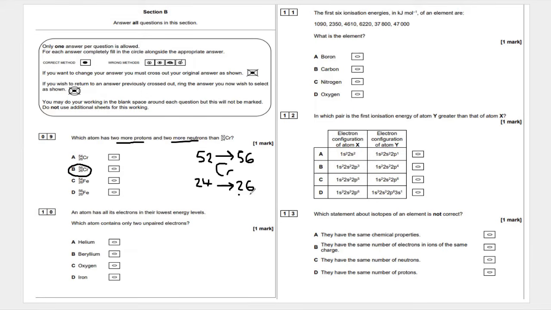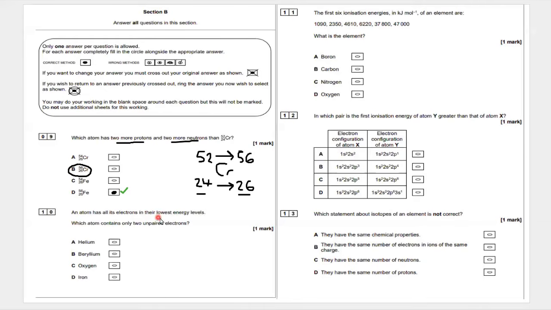However, if you change the atomic number of an element, it becomes a new element, and that element would be iron. So the correct answer, the numbers do go to 56 and 26, but the elemental symbol will change because you've changed the atomic number. Okay, so the correct answer here is D.